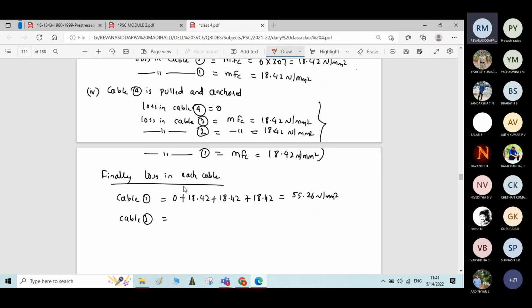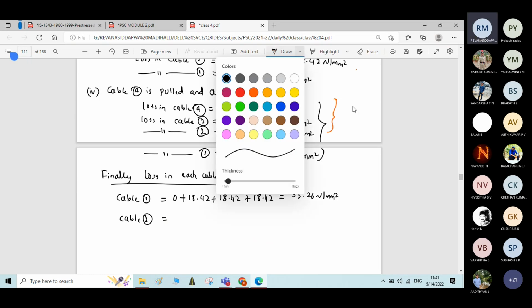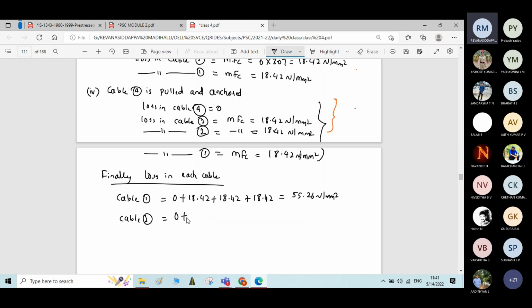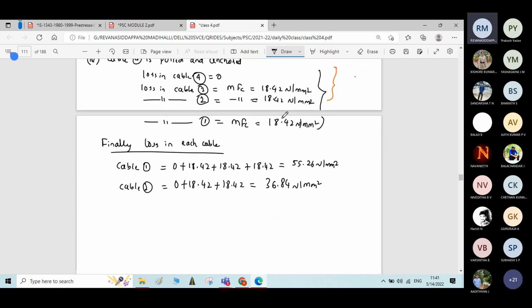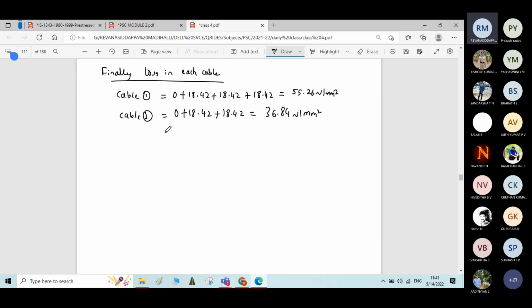So this loss in cable 2 is calculated as the sum of these 3 values, that is 0 plus 18.42 plus 18.42. It is 36.84 Newton per mm square. Okay, sorry, that is the loss in cable 2.